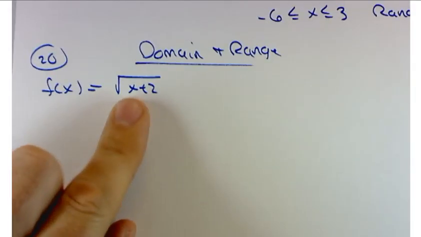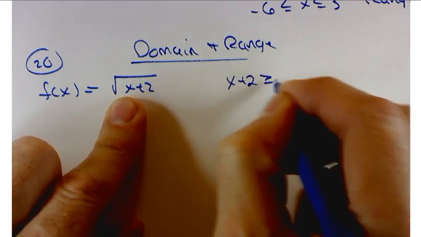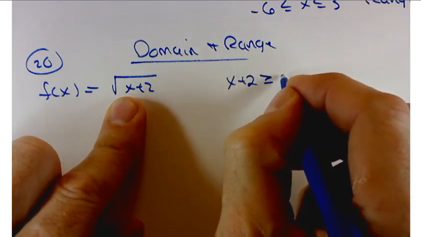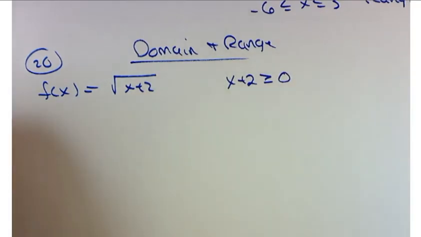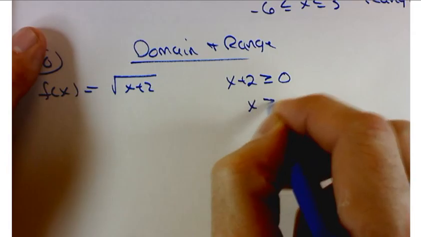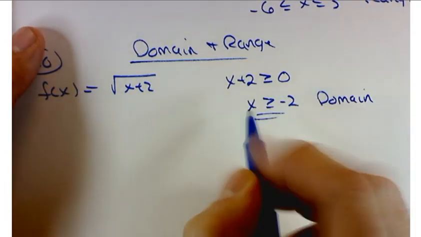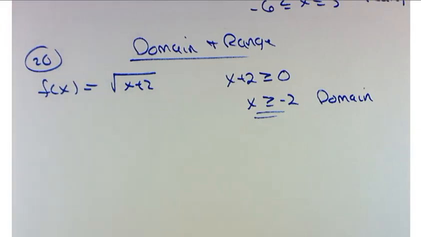In fact, I want x plus 2 to be greater than or equal to what? 0. So my domain is x is greater than or equal to negative 2. Because for these values of x, and only these values, can I take the square root and get a real number. So that's your domain.